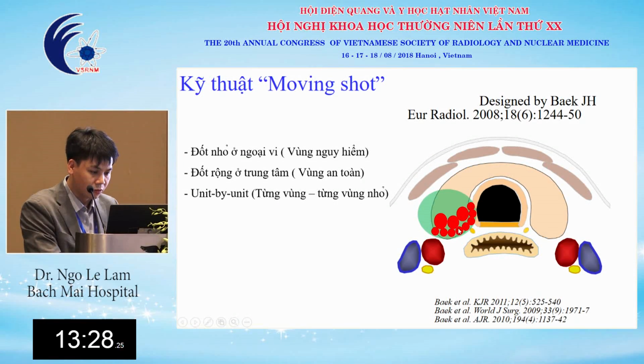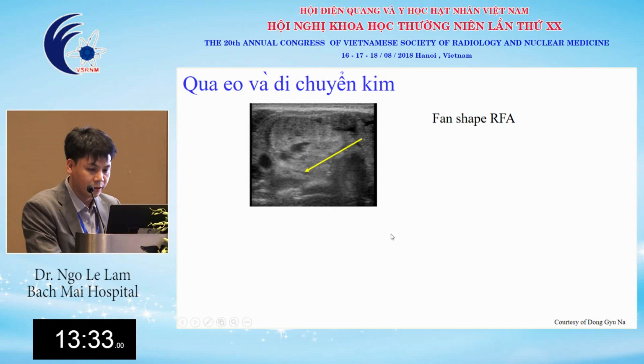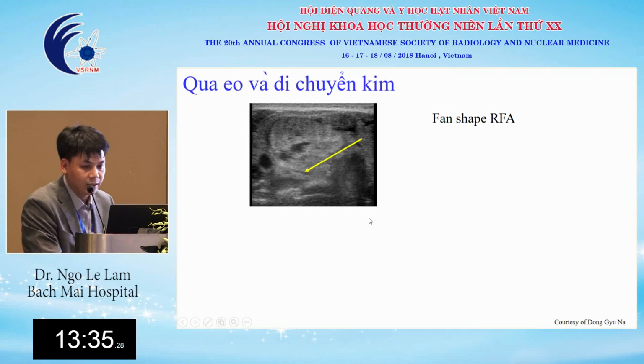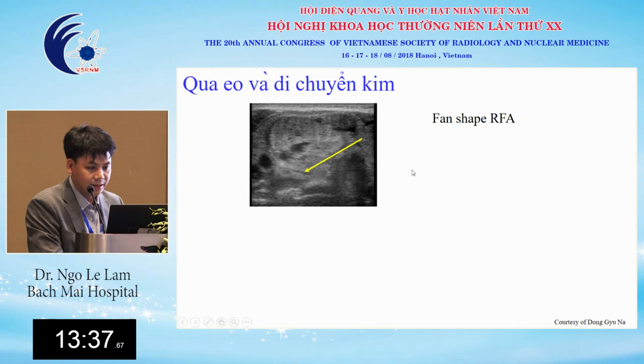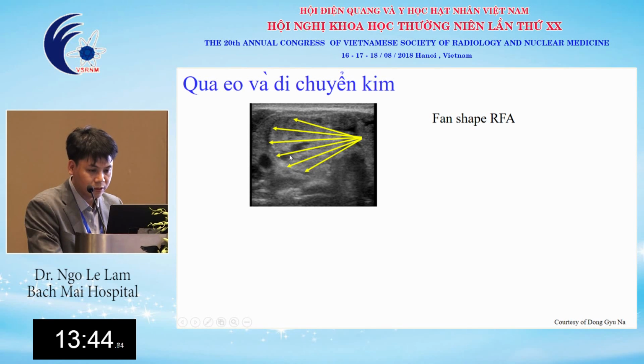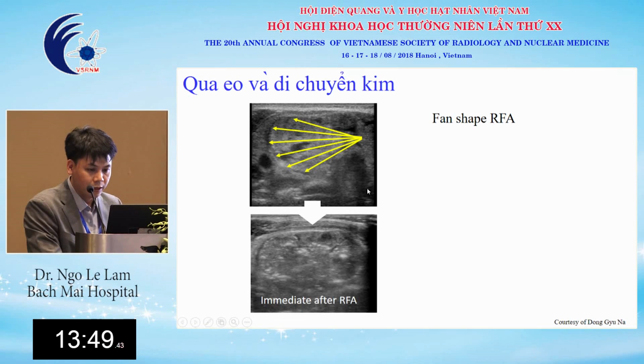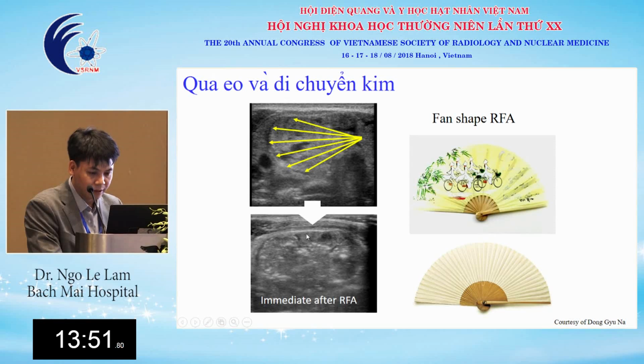So with the principle unit by unit, we pull the needle and then burn, pull and burn, giving areas of burning like a fan shape. This is one unit, line by line, and we get a fan shape. So here is the nodule just after IFA. It looks like a fan.